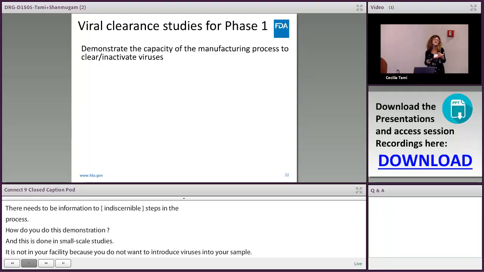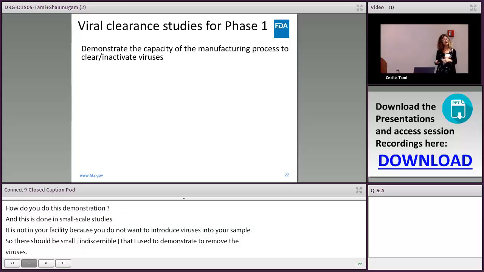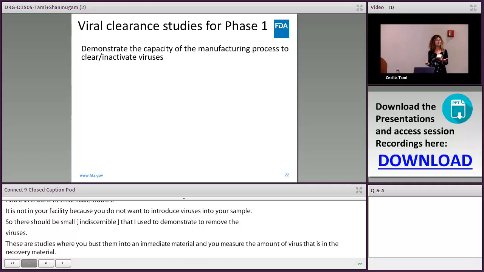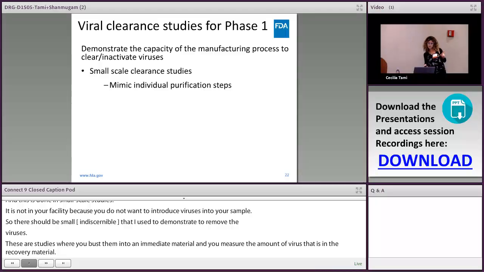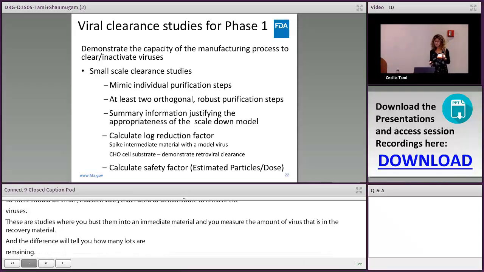Basically, these are spiking studies where you spike high-titer virus, you pass it into intermediate material, and then you pass it through this small scale, and you measure the amount of virus that is in the recovered material. This difference is going to tell you how many logs, hopefully many, this step is going to remove or inactivate. As I mentioned, they have to mimic the purification step. For a phase 1 IND, again, we expect two orthogonal robust methods.